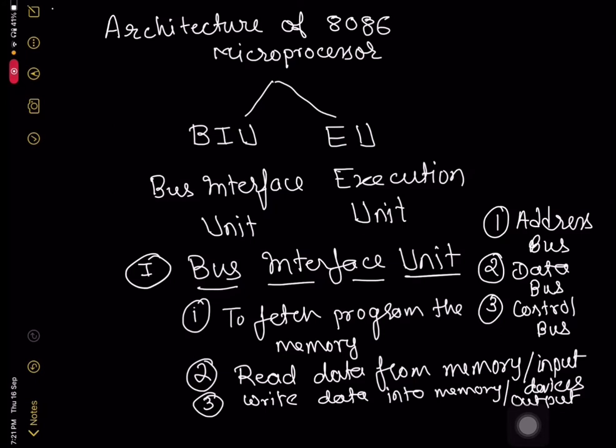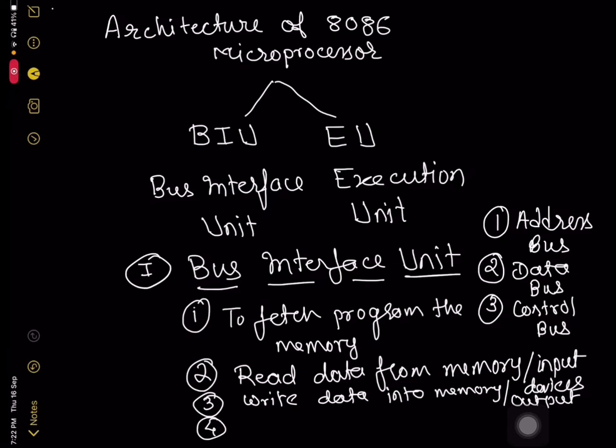The output devices may include printer or 7-segment display or LCD display or any kind of output device. So writing data onto the output device or into the memory chip will be another job of the bus interface unit.